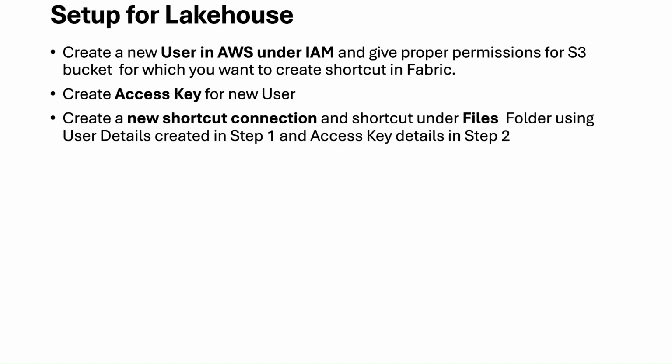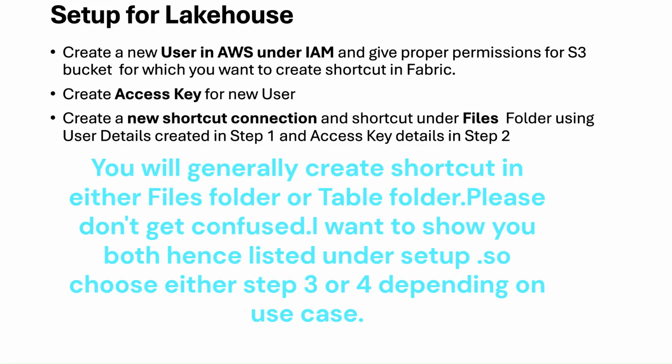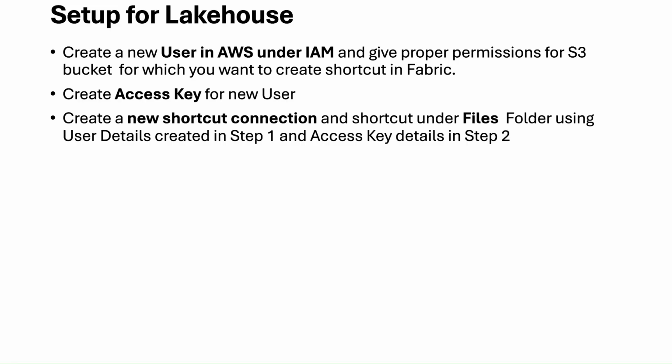The advantage of creating a schema shortcut or table shortcut is that you can directly analyze the data. But for the file shortcut, which is simply called a shortcut, you need to first load the data into a Delta table and then you can analyze it further. Whatever we create under Tables is managed by Fabric, and under Files it's unmanaged.